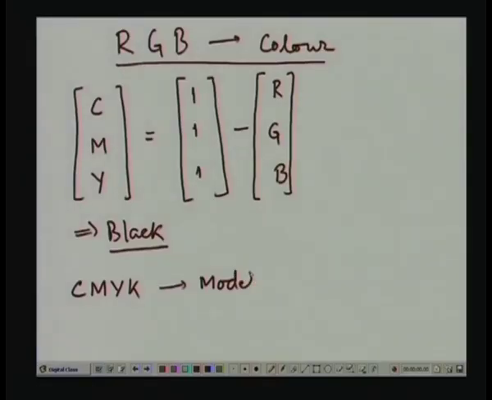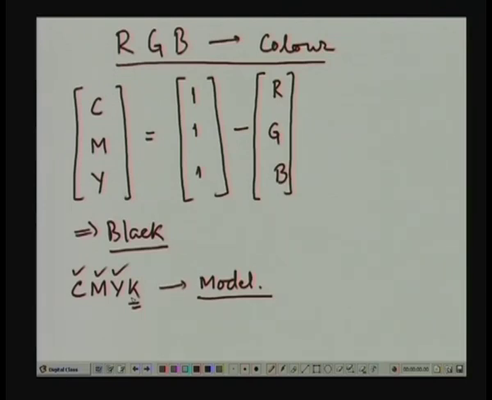When we also specify the black component, we get another color model, the CMYK model. Cyan, magenta and yellow are the same as in the CMY model, but we specify an additional color, black, giving us the CMYK model.